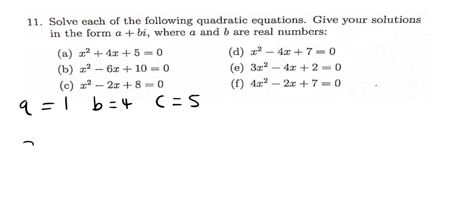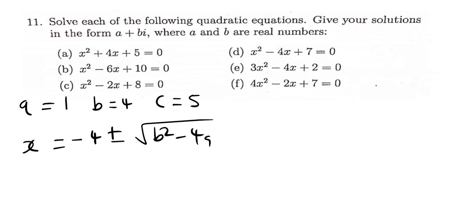According to the quadratic formula, x is equal to negative b plus or minus the square root of b squared minus 4ac, over 2a. We'll be replacing values each time we need them. So let me just wrap this part.